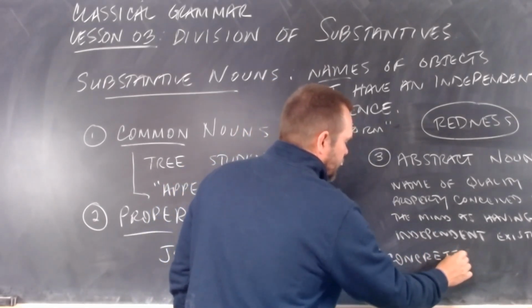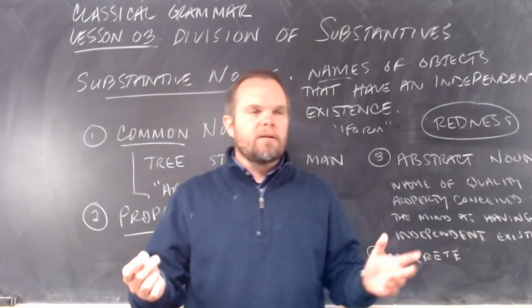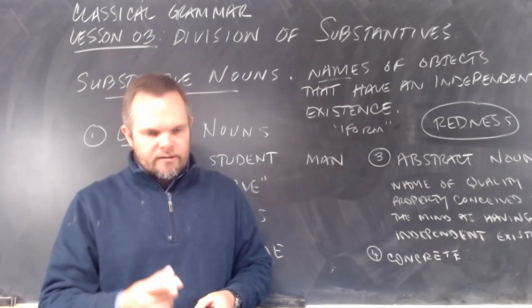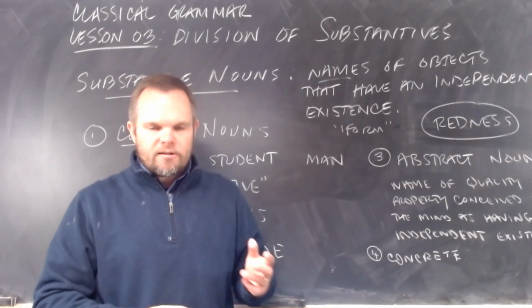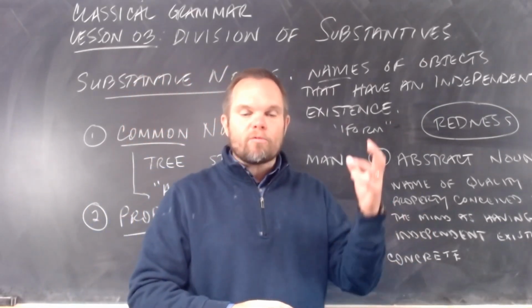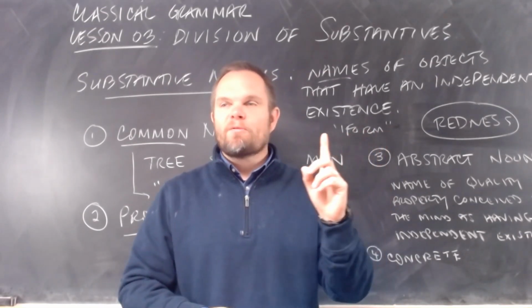Not only concrete nouns, but concrete substantive nouns. Okay, we're talking about substantive nouns. The lesson says, as distinguished from abstract substantives, the names of things that really exist. You see what that says? The name of things that really exist.